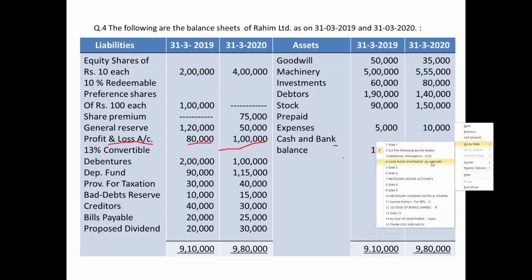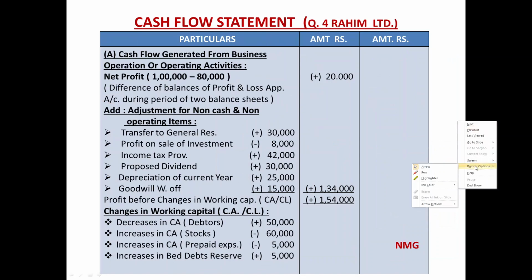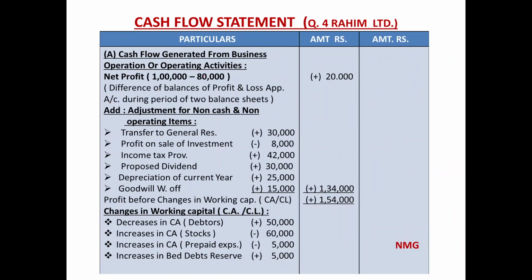Let us report it in the cash flow statement under the first title, cash flow from operating activities. Net profit of the year: balance of current year 1 lakh minus balance of last year 80,000, that gives the profit of the year rupees 20,000. Difference of balances of profit and loss appropriation account during the period of 2 balances, 20,000.